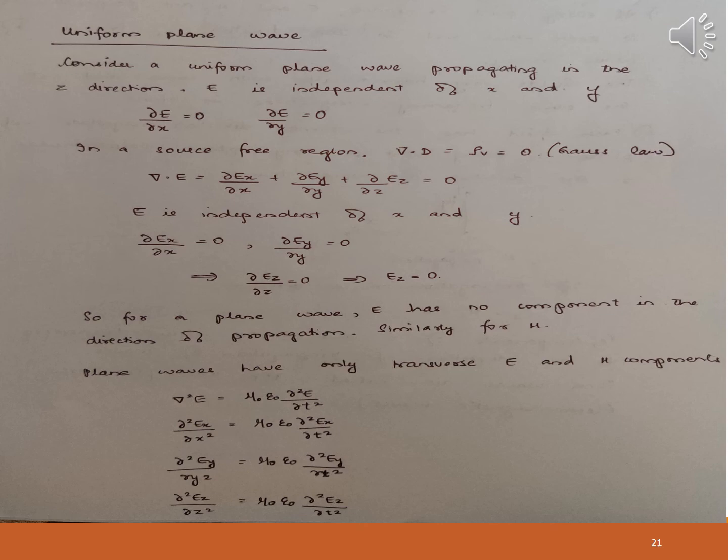So from this, when you equate the LHS and the RHS and consider specifically dou square Ex by dou x square, that is going to be related with mu 0 epsilon 0. That is, the scalar components are being taken out. So Ex, Ey, and Ez are separately considered, and those equations are written. I presume that should be self-explanatory. So that's how those equations are written.